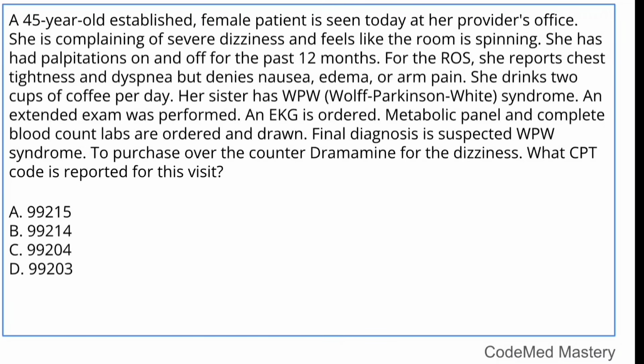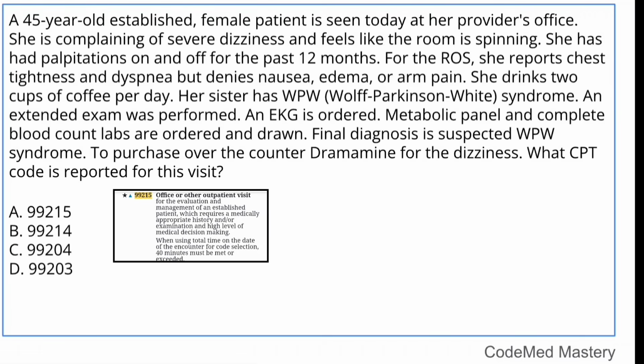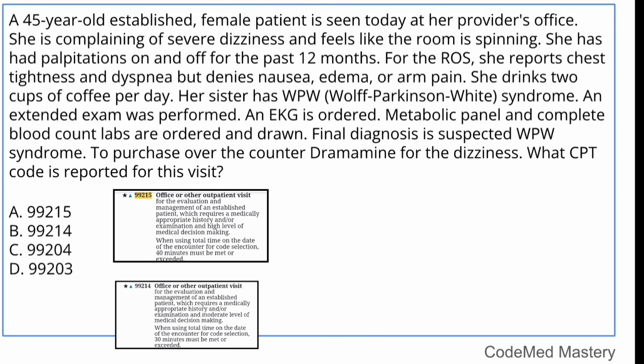Next question. Let us check the options first. Option A, 99215, is for an office or other outpatient visit for E&M of an established patient, high level of MDM, and time is 40 minutes must be met or exceeded. 99214 is for an office or other outpatient visit for E&M of an established patient, and MDM is moderate level.